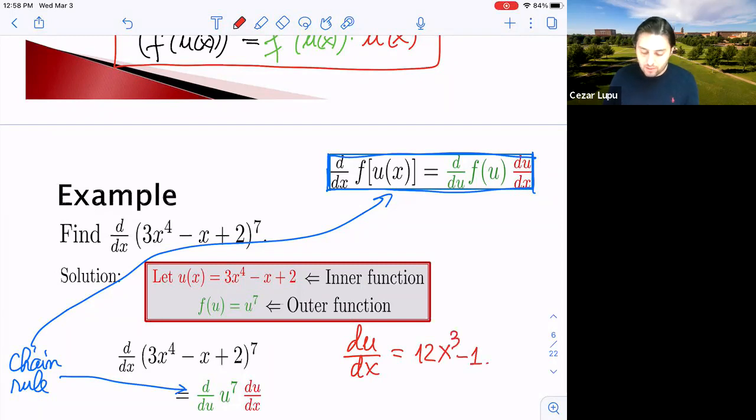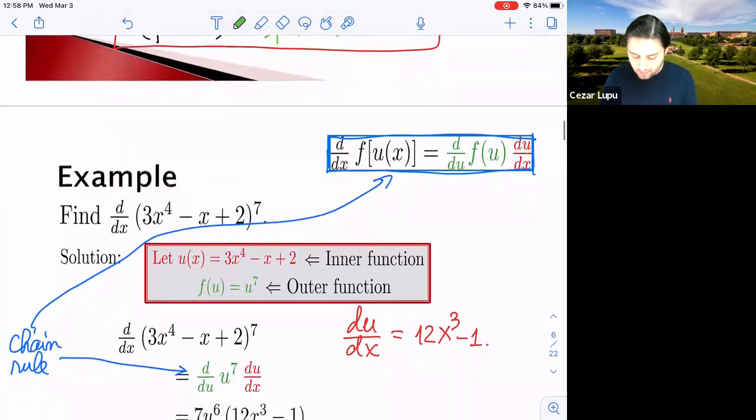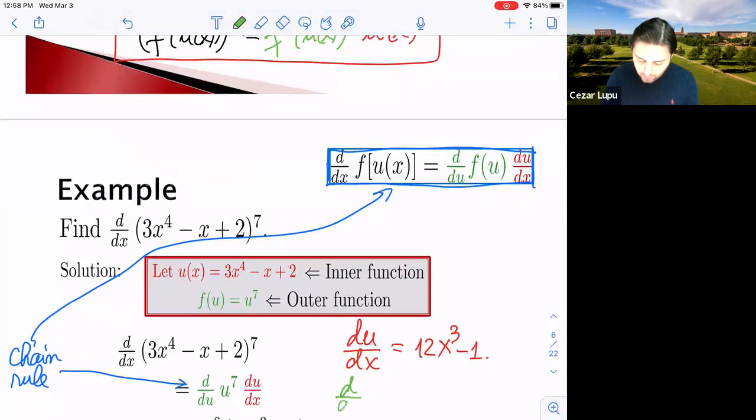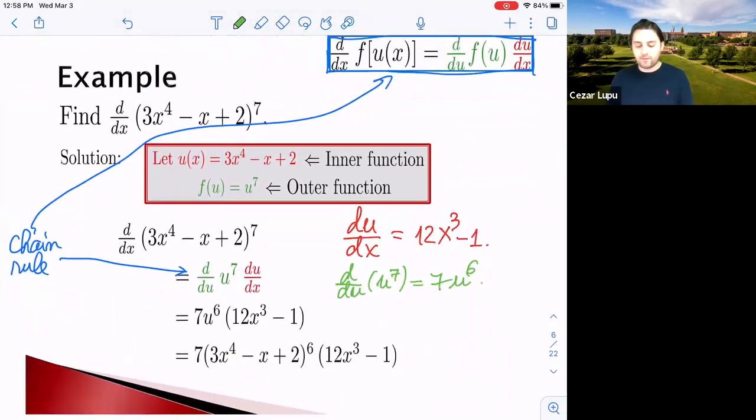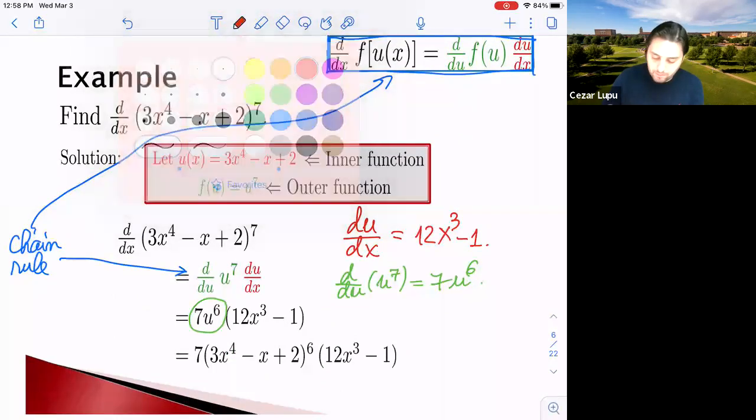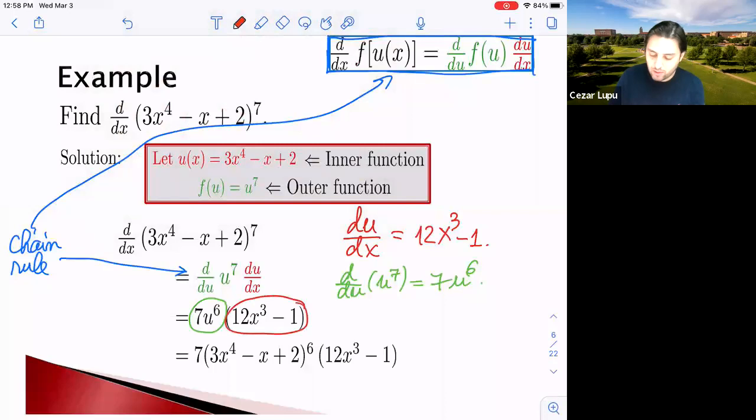And what is the derivative? So now what is the derivative? So d over du of u to the 7th is what? Is 7u to the 6th, right? So you'll have 7u to the 6th, which is this guy here, times this guy here, 12x cubed minus 1, which you see here, right?